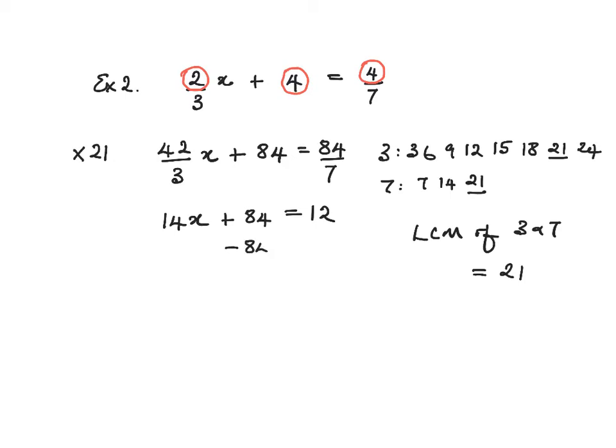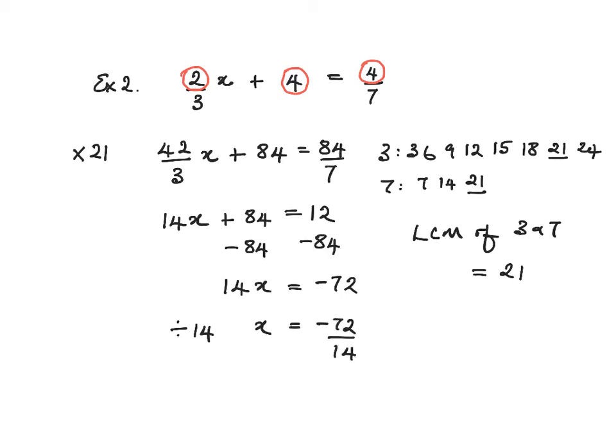I'll subtract 84 from both sides. We're going to end up with a negative answer. 12 take away 84 is minus 72. And the next thing to do is to divide by 14, and it's minus 72 over 14.